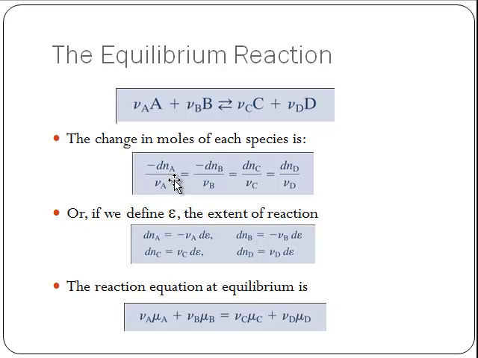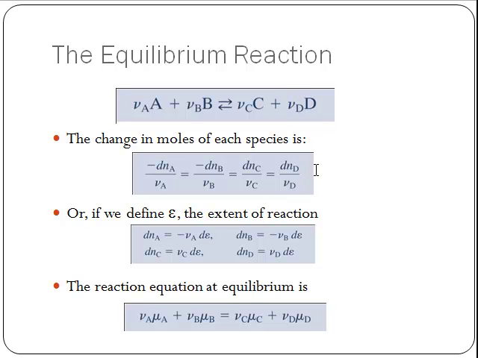And A is going to decrease, B will decrease because they are on the reactant side, C and D would increase as the reaction progressed towards products. But the amount that would change is related to these stoichiometric coefficients.